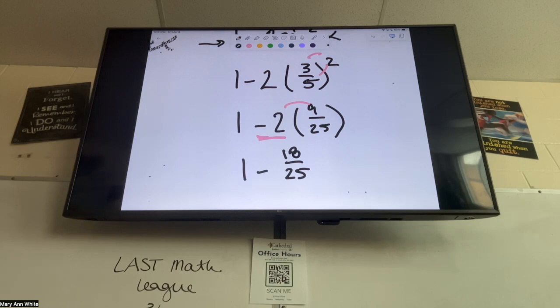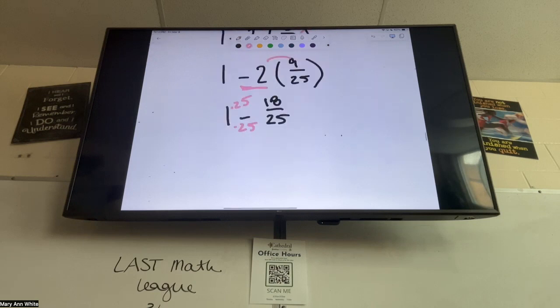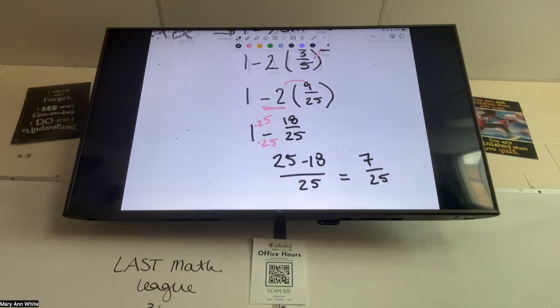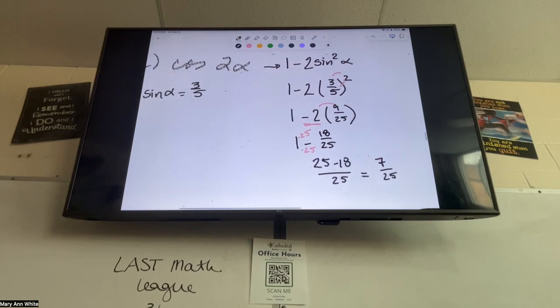What can I do next? Common denominator, so let's multiply by 25 on top and bottom. So I've got 25 minus 18 over 25, which you might have already done in your head. What is that? 7/25. Now, notice that there's no plus or minus here. That is taken into account already. So we just take it as is. That's my answer.